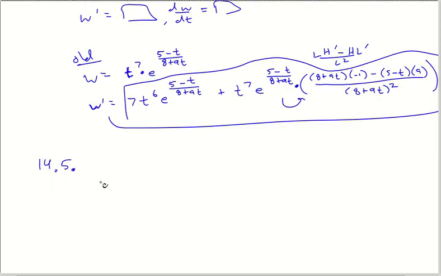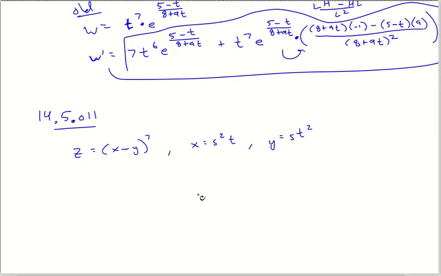Sorry. So then 011. I got z is equal to x minus y to the 7th. X is equal to s squared t, and y is equal to st squared. Notice that this is now going to have s's and t's, so it gets a little bit more interesting.